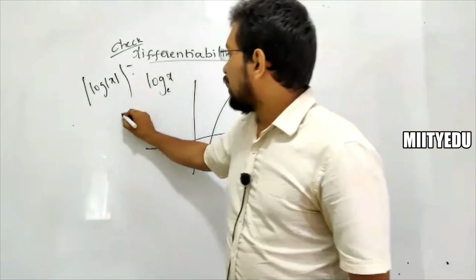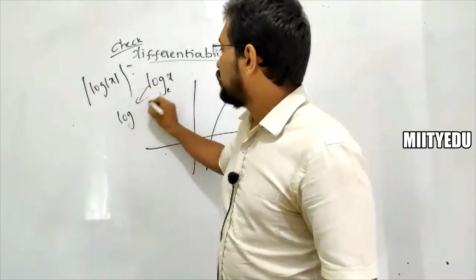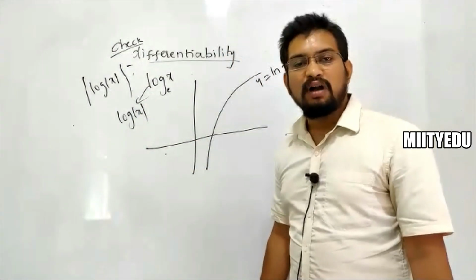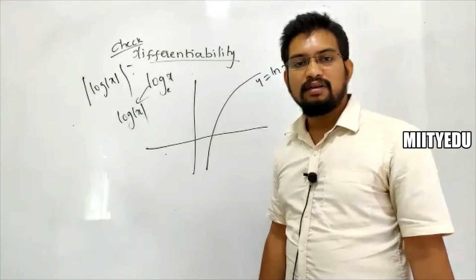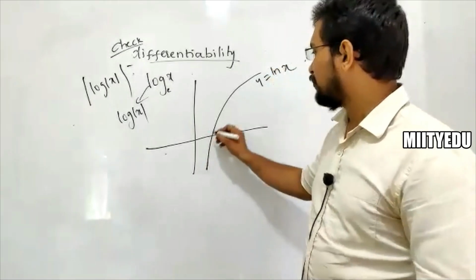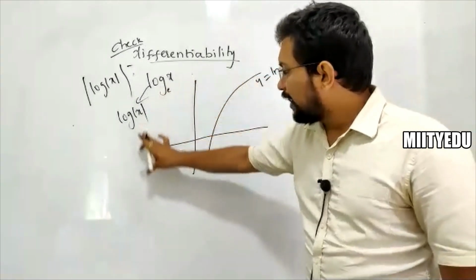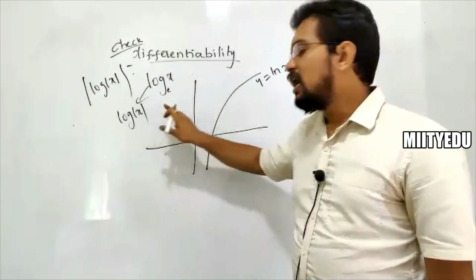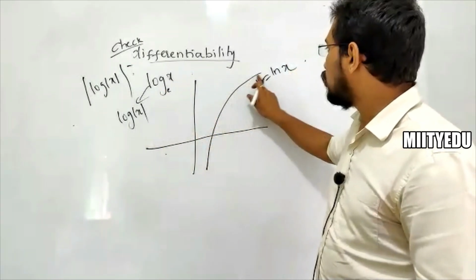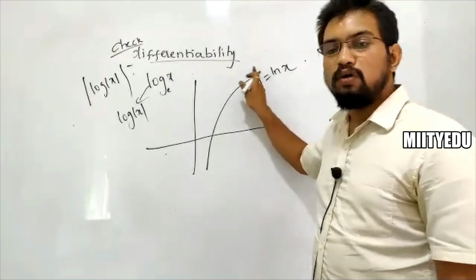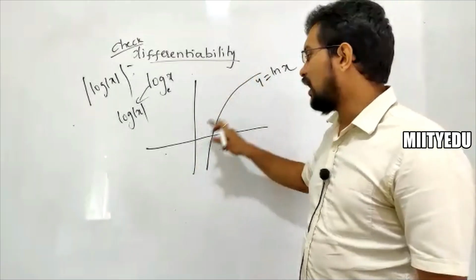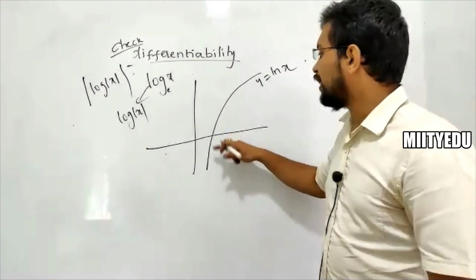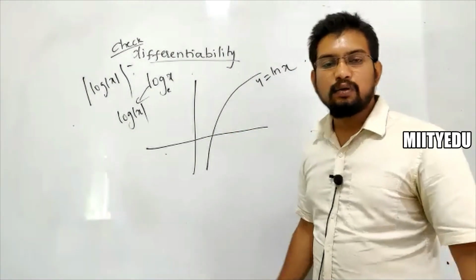Then from this log of x, I'll construct the log of mod x graph. And how will the log of mod x graph look? There is no part on the negative side of the x-axis, so there is nothing to erase here.